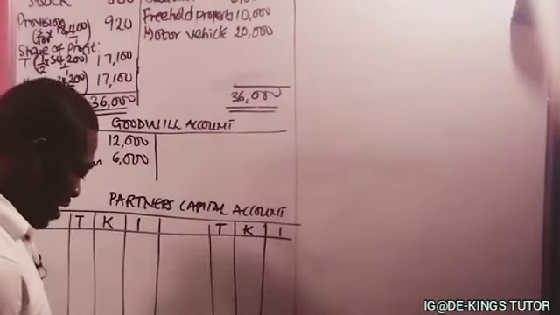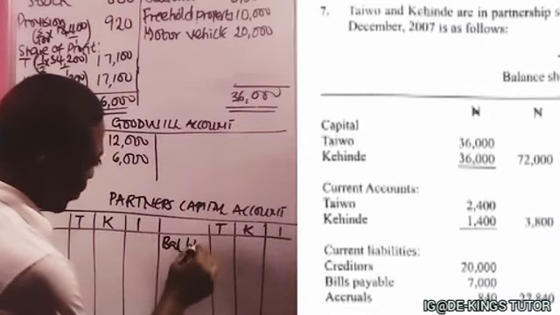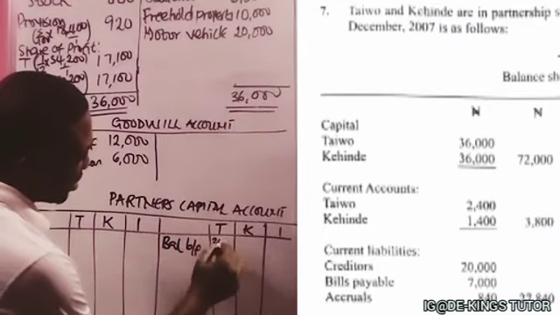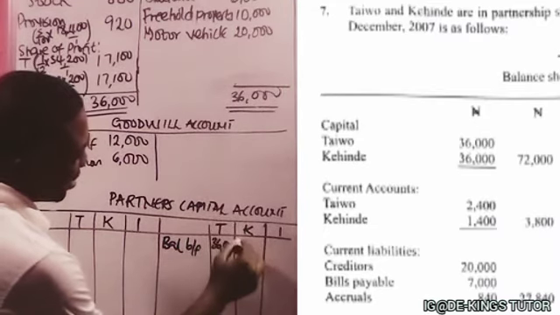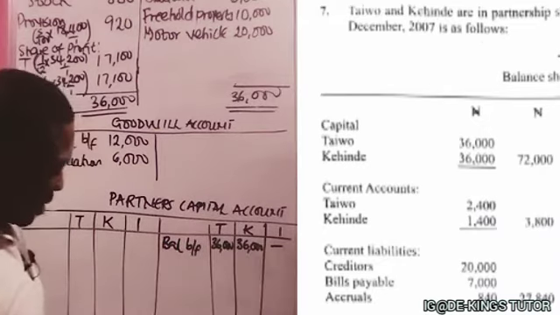Now, if you check there, they have a balance from the balance sheet that was given. So we have a balance brought forward. For Taiwo, it is 36,000. For Kehinde, it is also 36,000. Idowu had no capital at that time.